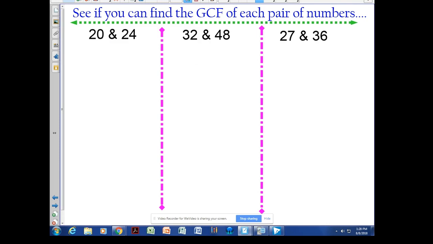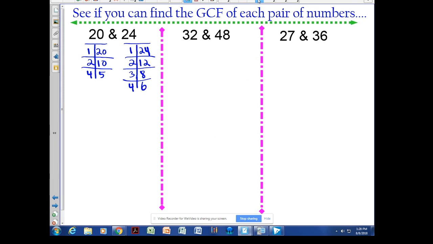Let's kind of go quickly here and start with our T-charts. Here's a T-chart. I have 1 times 20, 2 times 10, 4 times 5. Here we have 1 times 24, 2 times 12, 3 times 8, and 4 times 6.